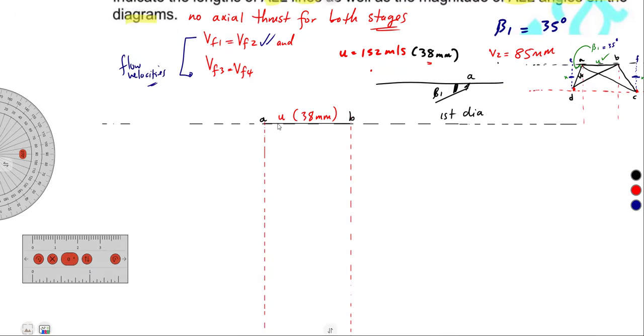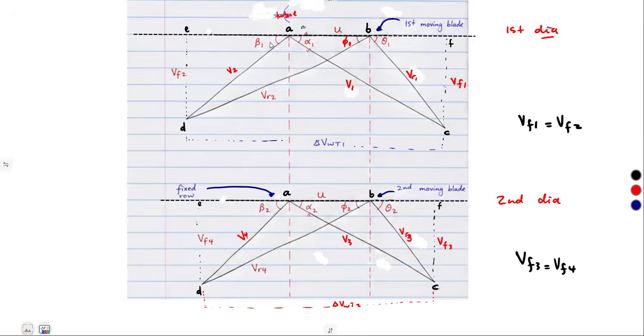So this is what I was trying to say. From this point A, we are going to construct this angle beta 1 that we are given, the 35 degrees, at V2. Beta 1 and V2 are on the same line. So as we construct this angle beta 1 at 35 degrees, we have the line V2.